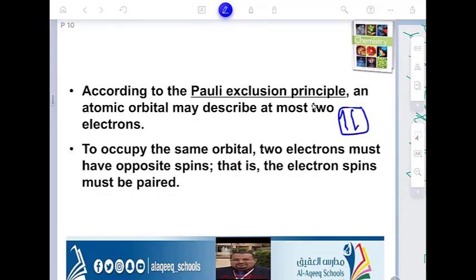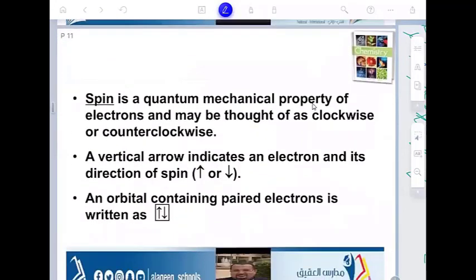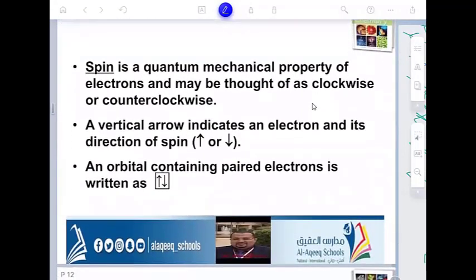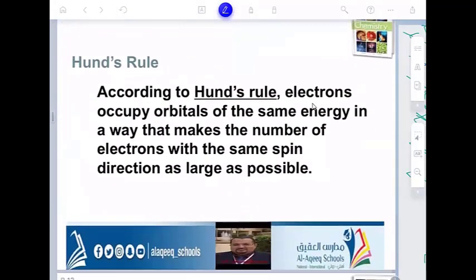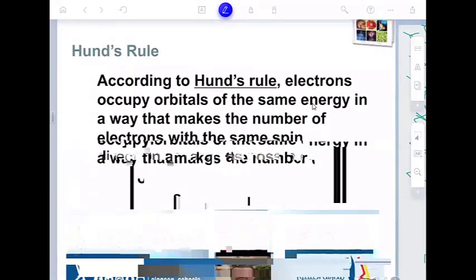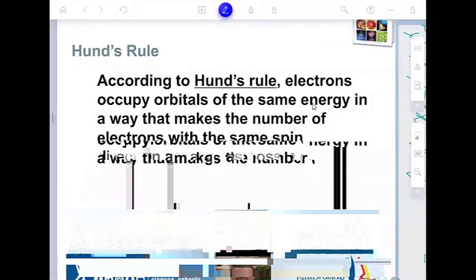They must be paired and in opposite spins. This is the Pauli exclusion principle, the second rule. The spin must be in the opposite direction, as I said. Okay, is it clear? The third rule is called Hund's rule.